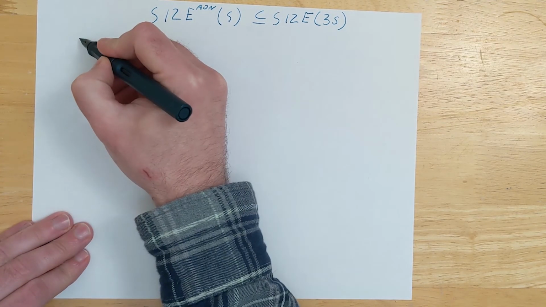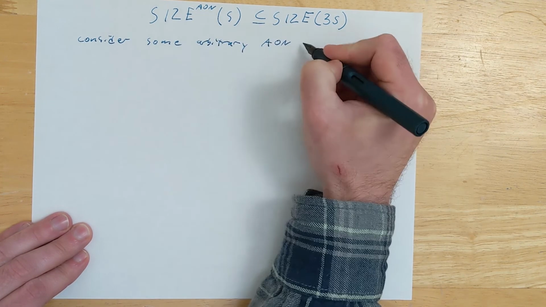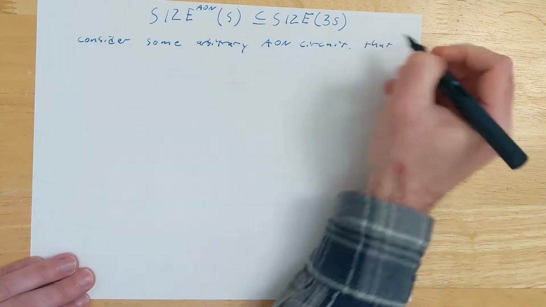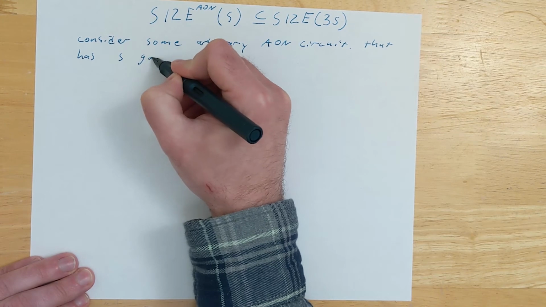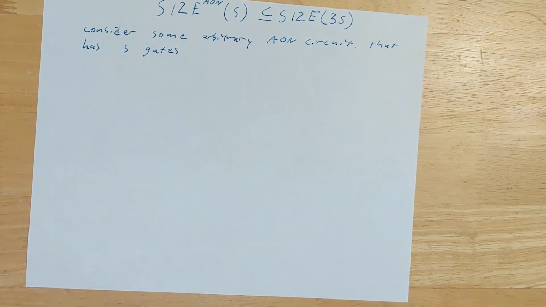To do this, we're going to consider some arbitrary AON circuit that uses S gates.